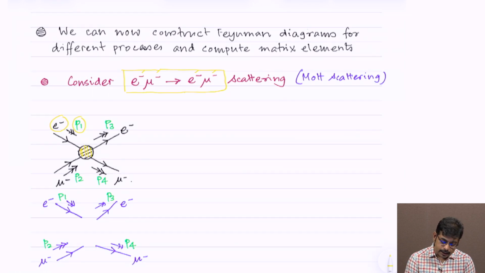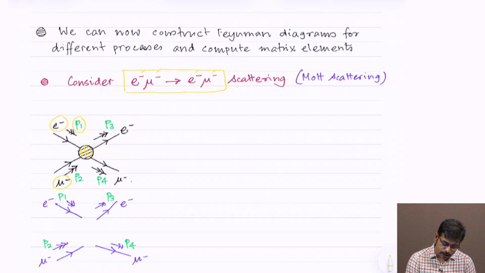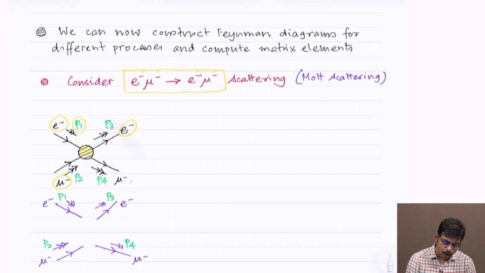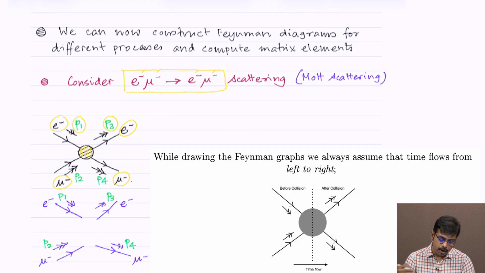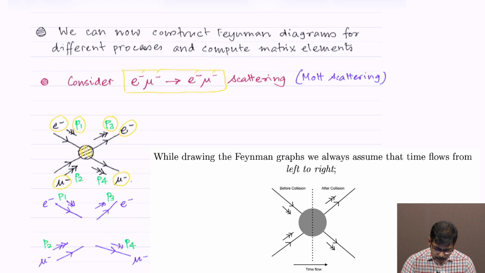There is also an initial state muon, which I am drawing. The muon by definition is also a particle, so the momentum and the fermion flow are towards the vertex. Then in the final state, out of the vertex, there is the momentum flow of the electron P3 and the momentum flow P4 associated with the muon, which is also going out of the vertex, and the fermion flows are all aligned with the momentum flows.